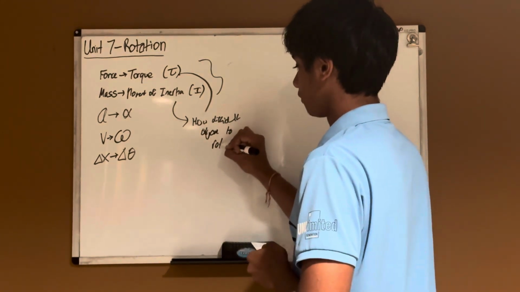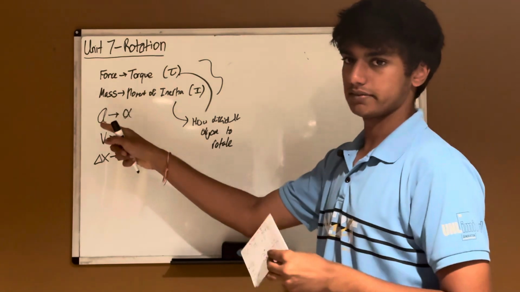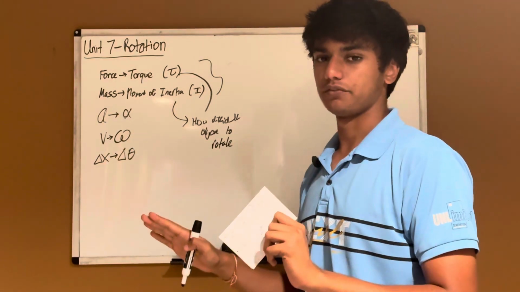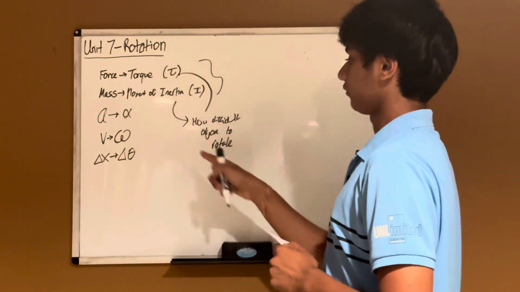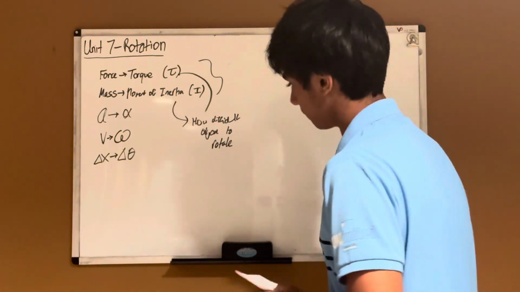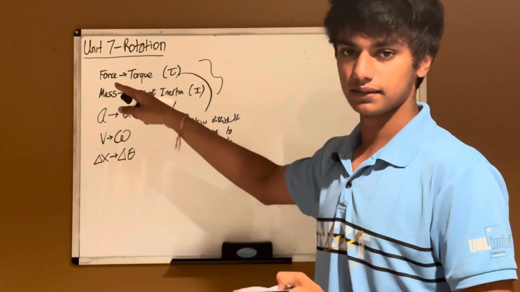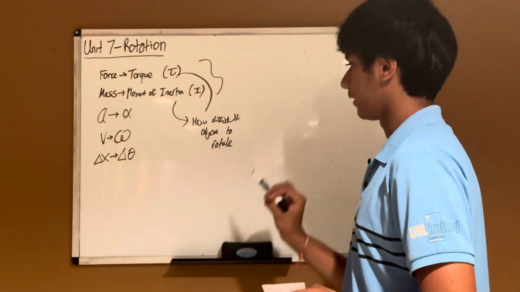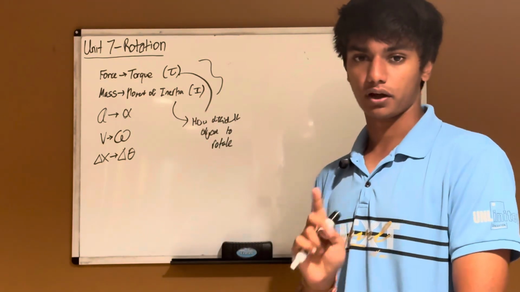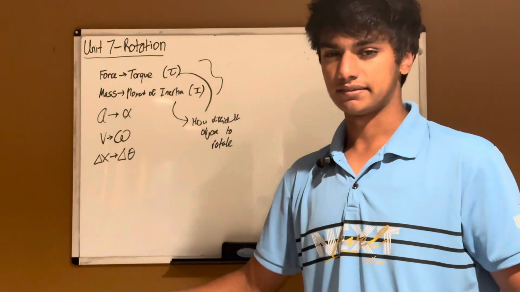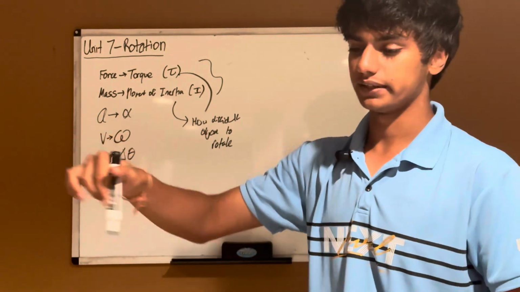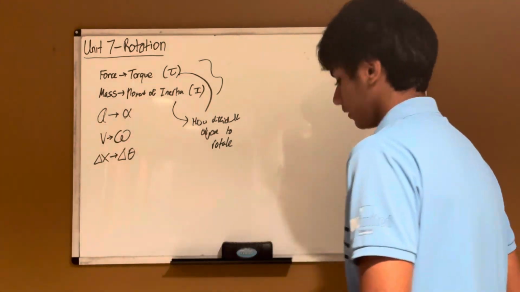Mass is a measure of how difficult it is for an object to change its acceleration, while moment of inertia is how difficult it is for an object to rotate in the system. So while mass only depends on the weight of the object, moment of inertia depends not only on the weight of the object, but on how the weight is distributed relative to the point you're rotating about.